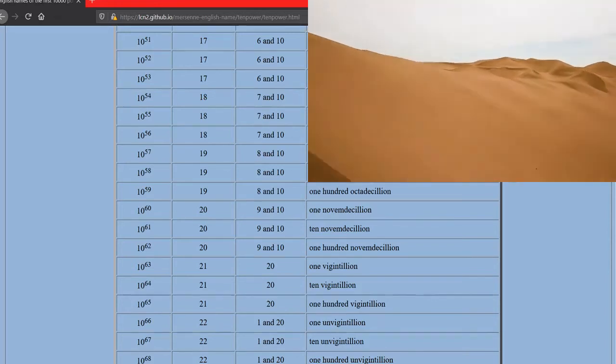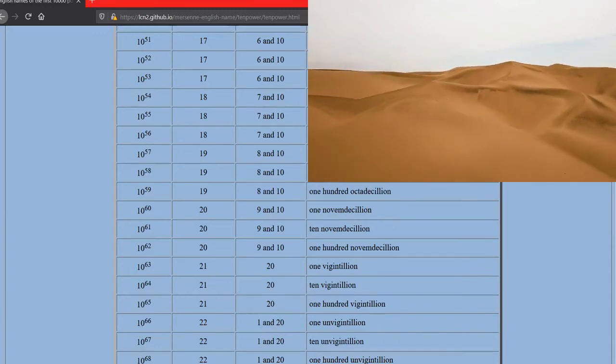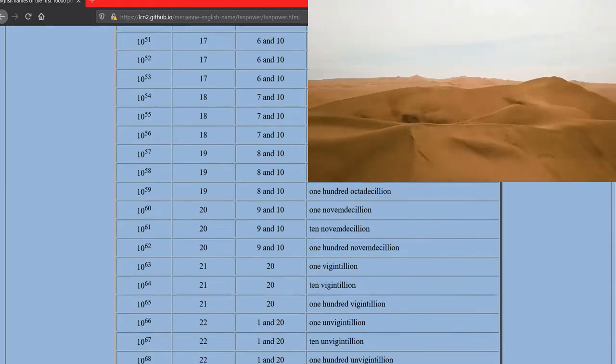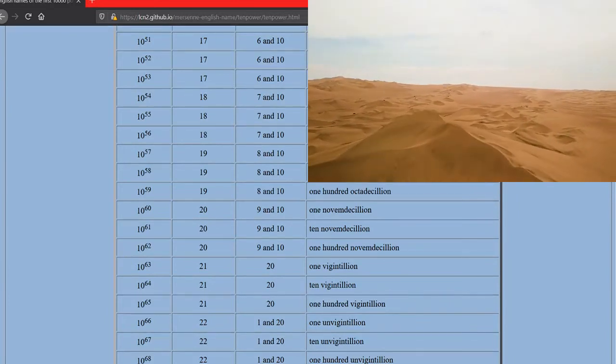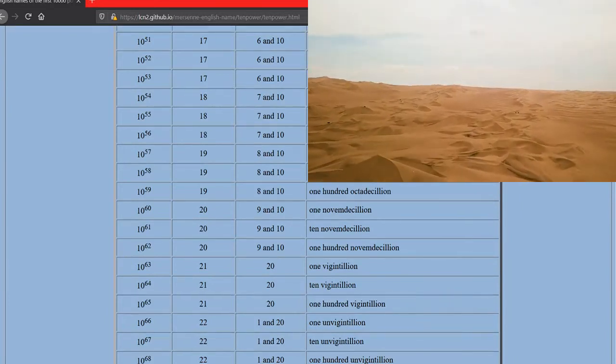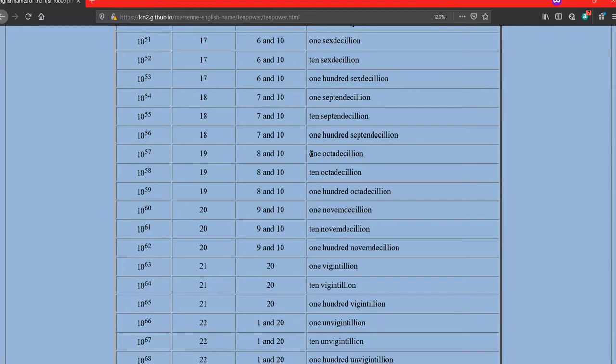If you were to count the number of grains of sand on earth, there are still many more stars in the known universe. So 10 to the power of 23 stars in the universe.